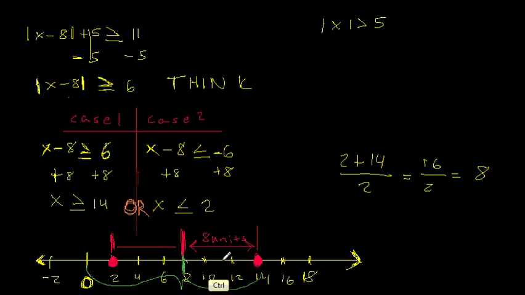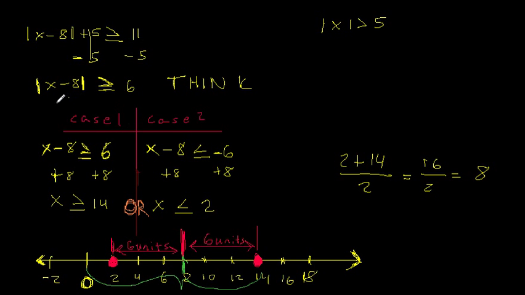I got to take this back, guys. I told you that this was 8 units. It's not 8 units. It's 6 units. And the distance from 2 to 8, these are also 6 units apart. All right, so 6 units.